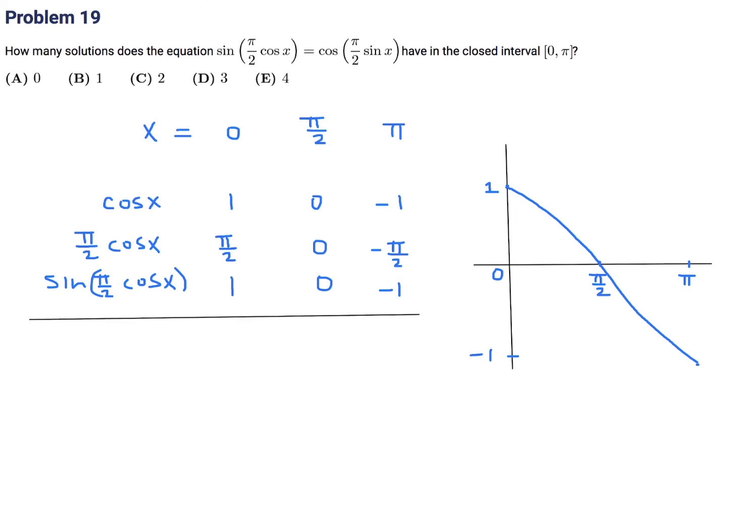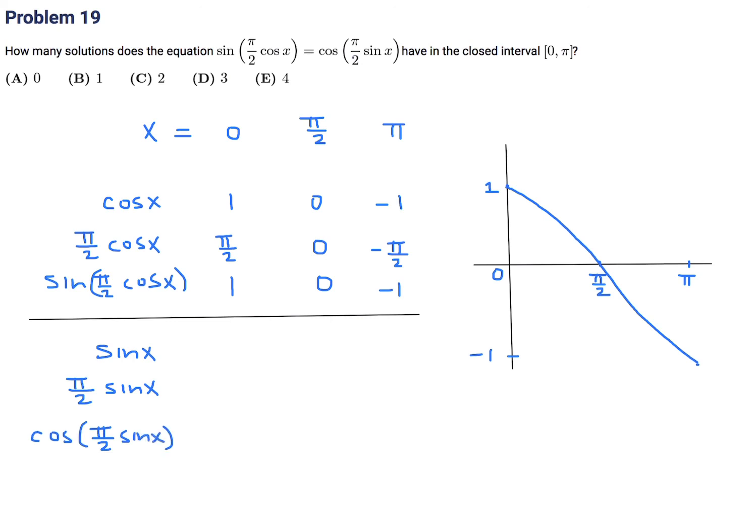Now let's talk about the right side. Same story. So we have the sine of x, then pi over 2 times the sine of x, then cos of pi over 2 times the sine of x.